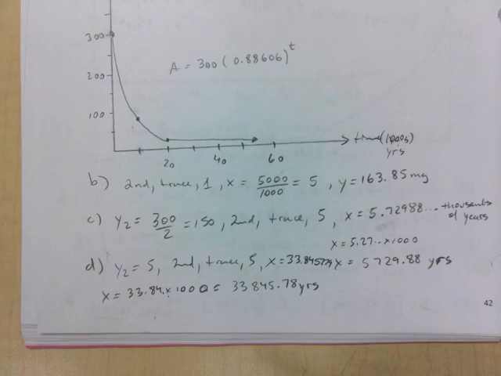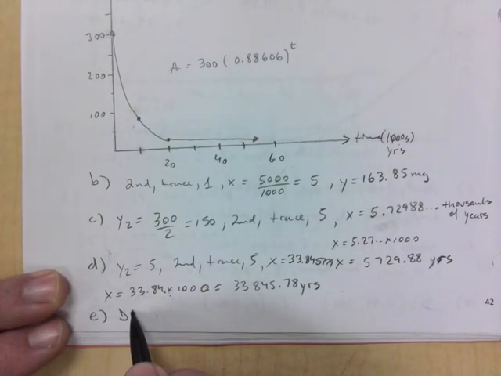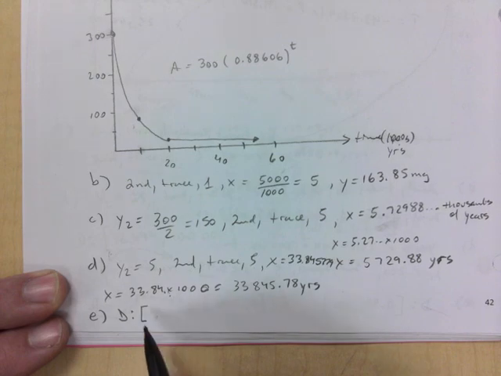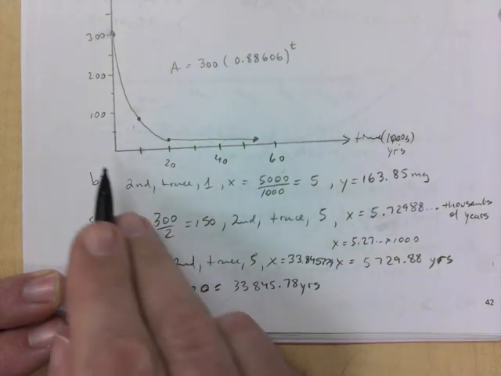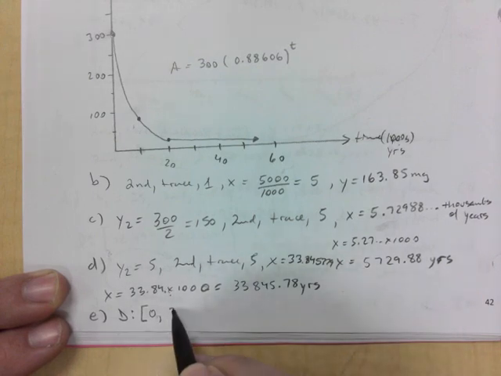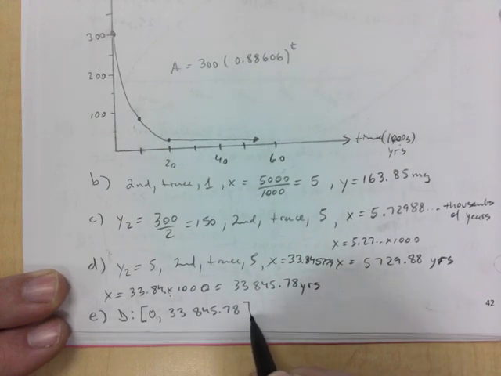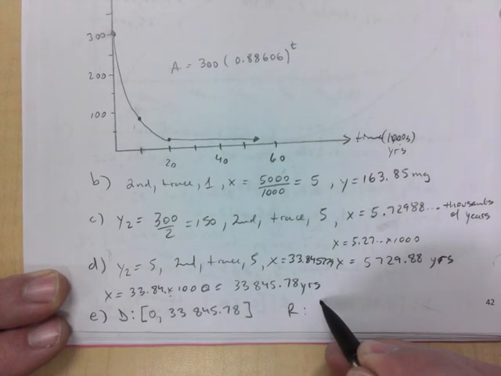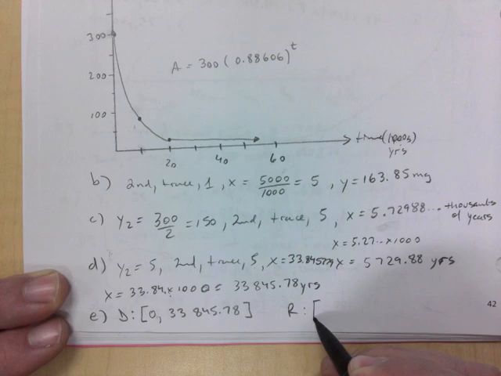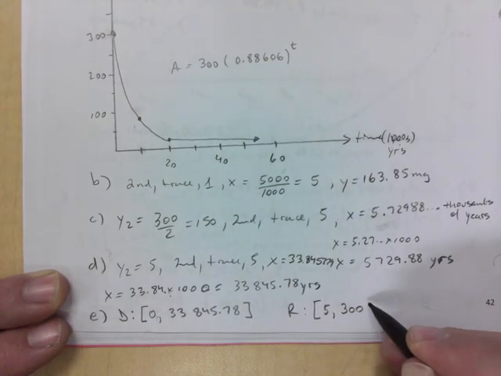So if we do base it on that, domain is my time, right? We go from time 0 all the way to 33,845.78. For the range, we would then go all the way down to 5 milligrams, and we start with 300.